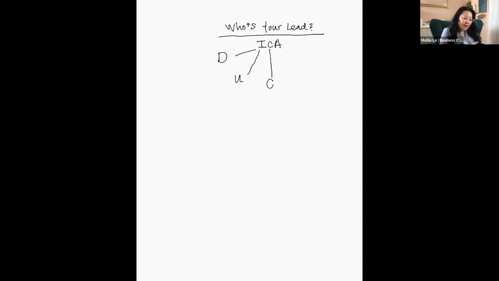Now, the other thing here that I want to talk about is investment readiness. Now, this is one of those things that not many people, at least my business coaches that I worked with, have outright said is a key component to identifying your lead. What do I mean by investment readiness?